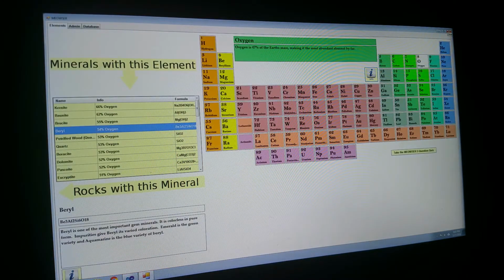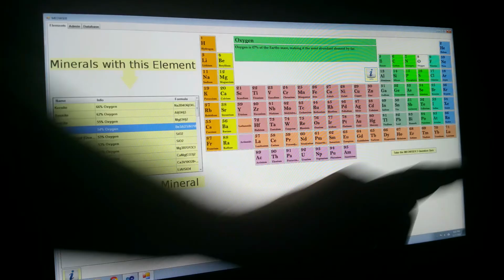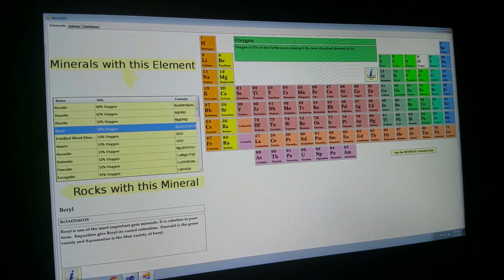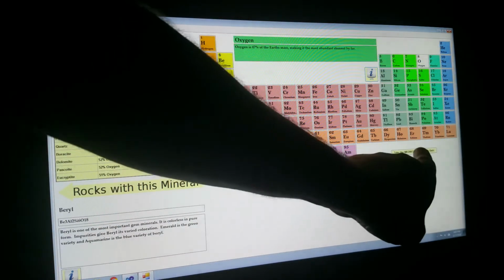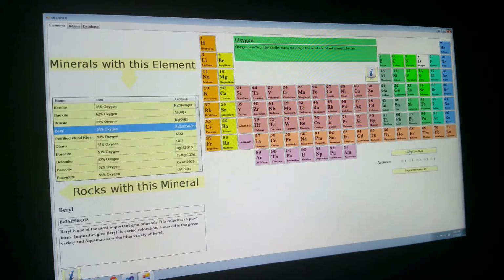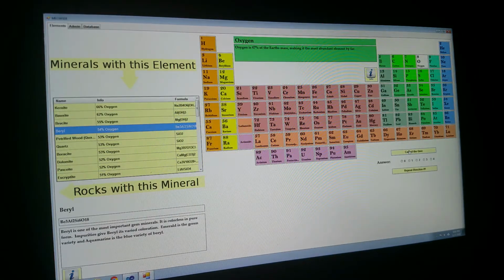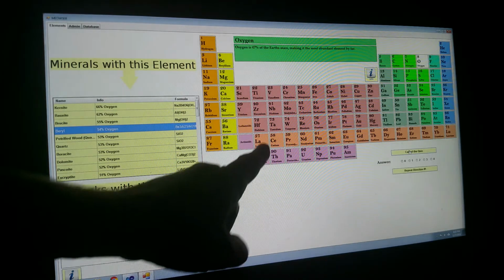So the other thing on this periodic table, I have a quiz. I always give the quiz to the kids at the science fairs and maker fairs. I'll give you the first question here. It says touch 57 lanthanum on the periodic table.